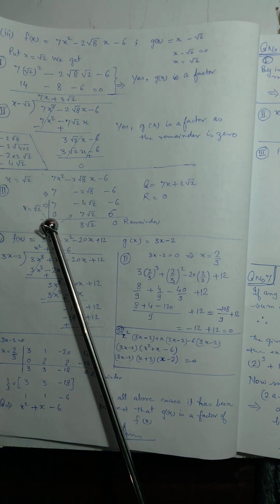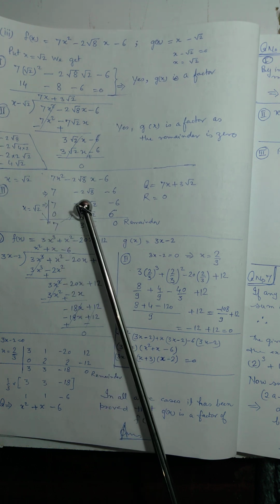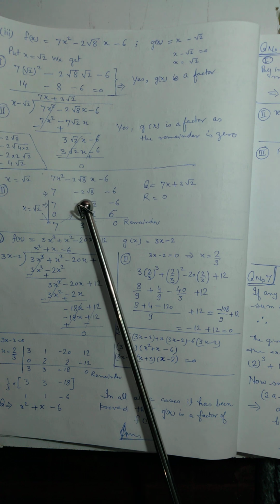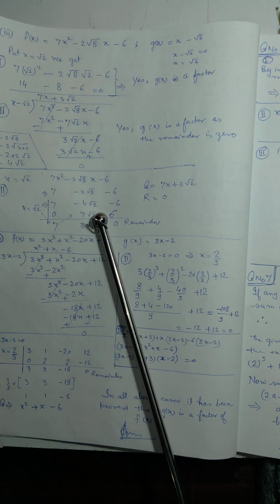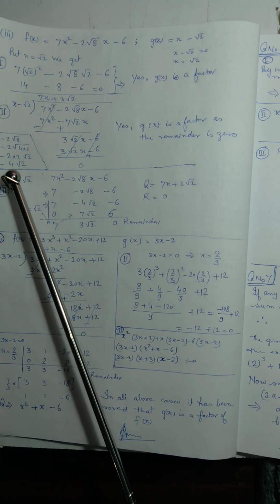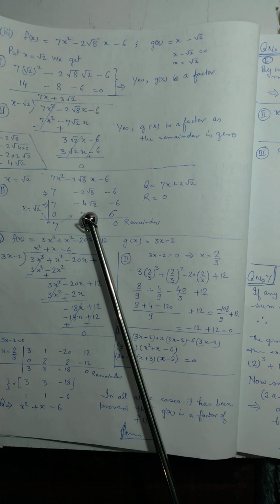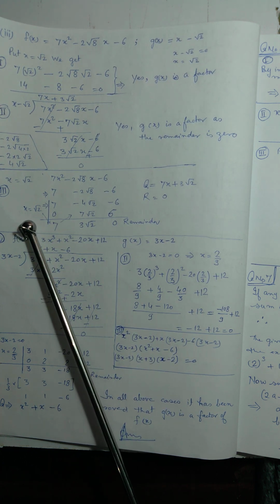Again, in place of minus 2 root 8, I have written minus 4 root 2, minus 6. I have described also how it has come here. Here I have written straightaway. So x is equal to root 2.